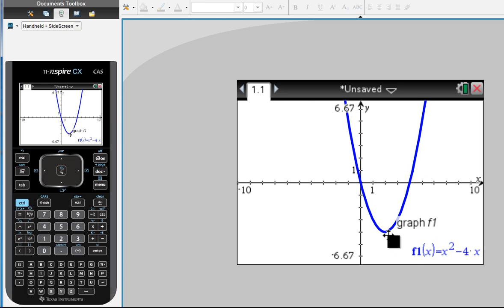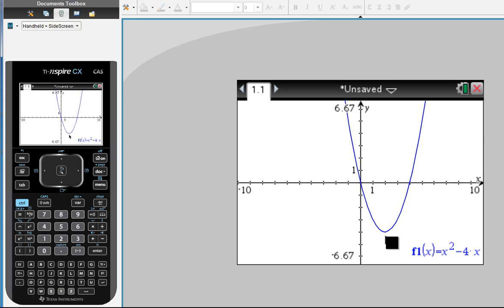We have a minimum here, so before we draw the graph of its derivative, let's see if we can figure out how it should look. So we know that the derivative here in the minimum is going to be 0, so it's going to cross the x-axis here where x is equal to 2.